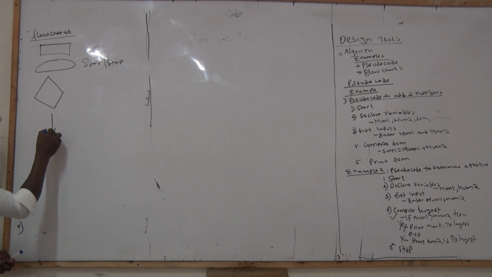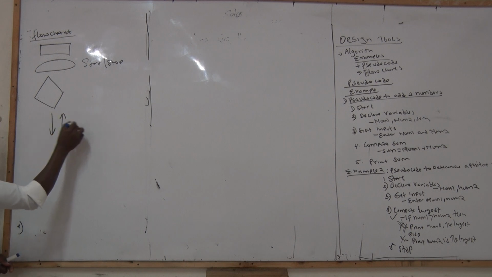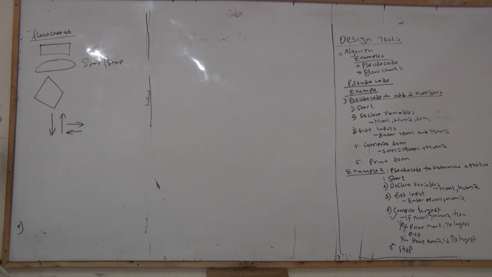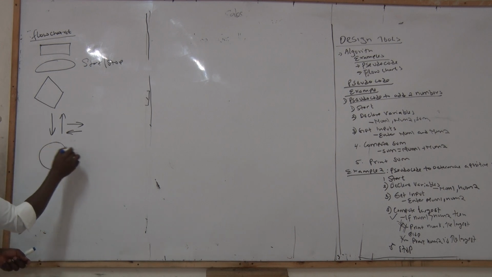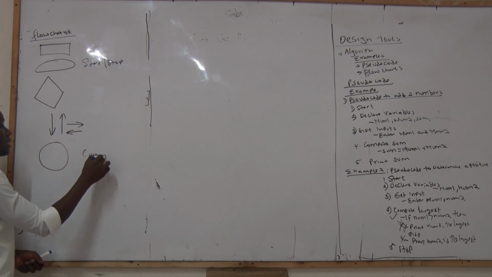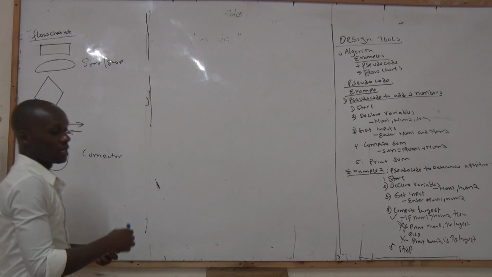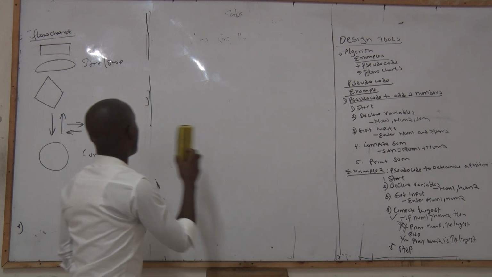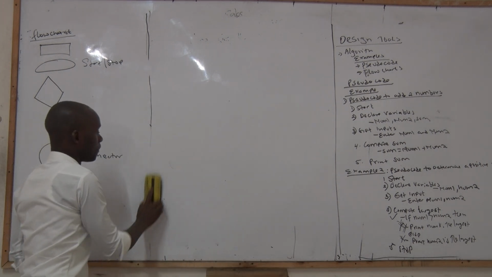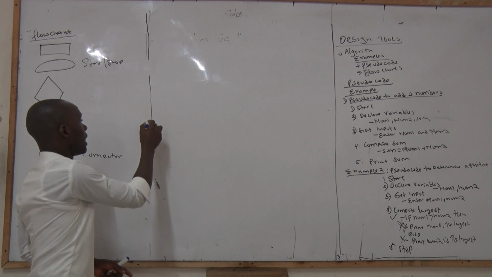Then you have directional keys, the arrows, which are just lines that allow us to define the flow of logic or reasoning in your flowchart. Then you have a small circle, which is a connector. Once I'm drawing a flowchart and it doesn't fit on my page, I can connect and move to another page so that I continue drawing my flowchart.